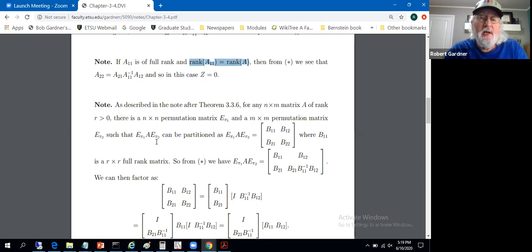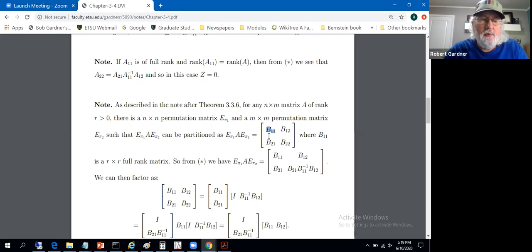Then you can do these elementary row and column operations and isolate the rank of matrix A in that upper left-hand entry.